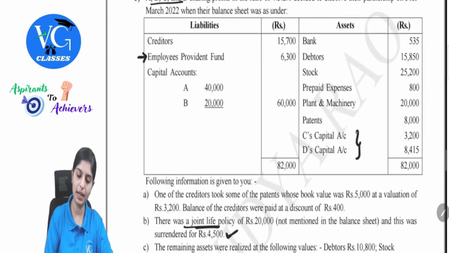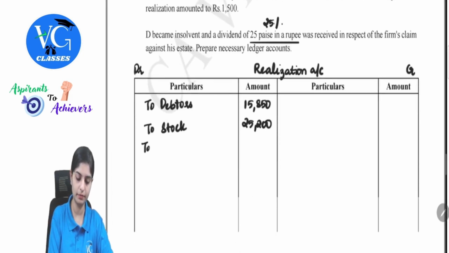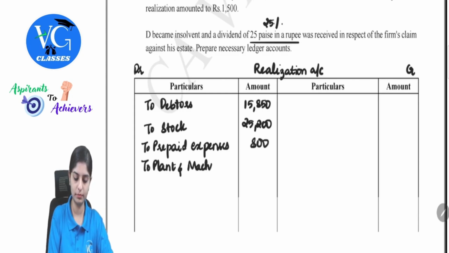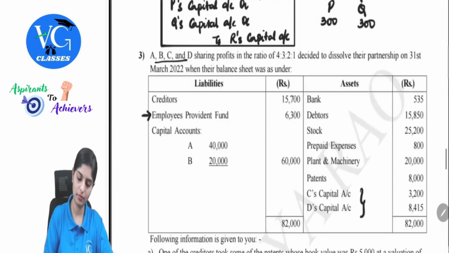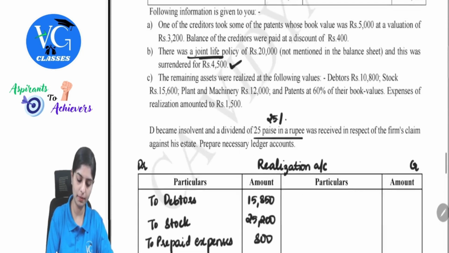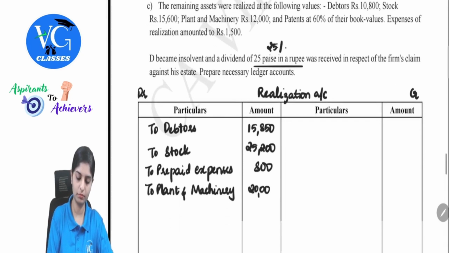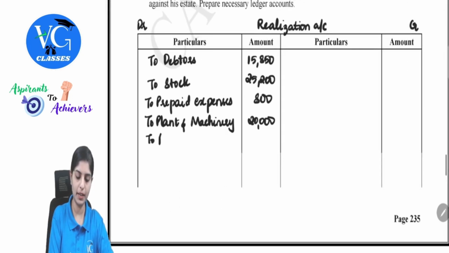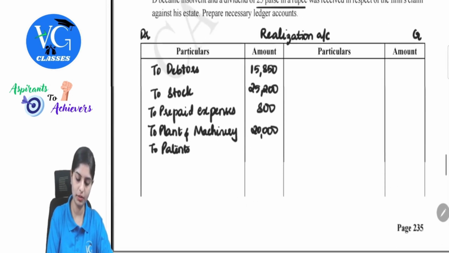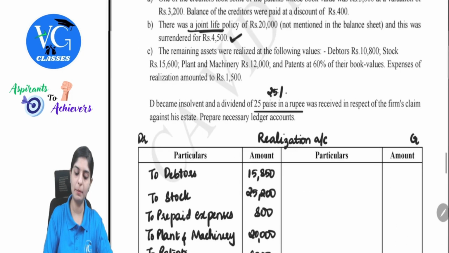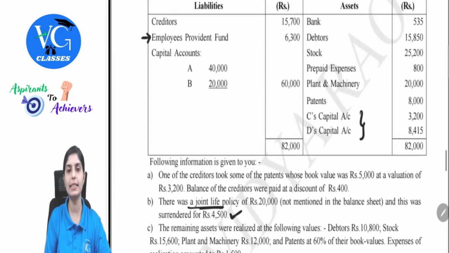Then we have prepaid expenses 800. Plant and machinery is 20,000. Then we have patents 8,000. There are capital balances given, C's capital and D's capital.